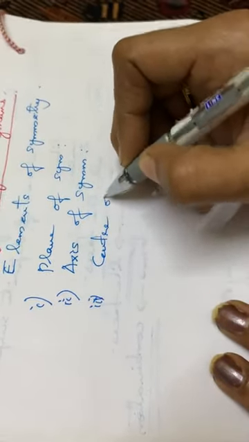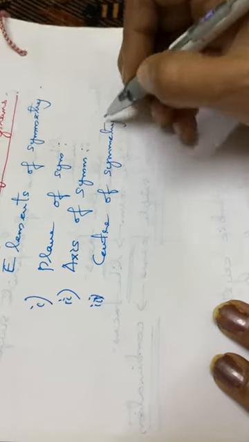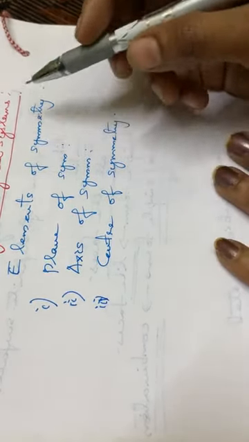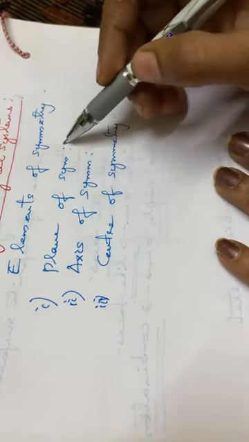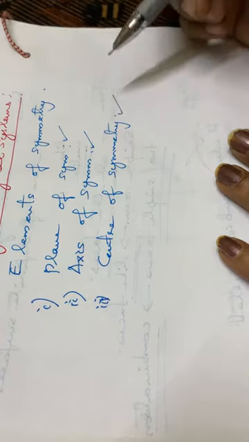These are the 3 symmetry elements for describing a crystal system. For any crystal system, be it cubic, orthorhombic or monoclinic, you have to explain the symmetry elements in terms of these 3: the plane of symmetry, the axis of symmetry, and the center of symmetry.